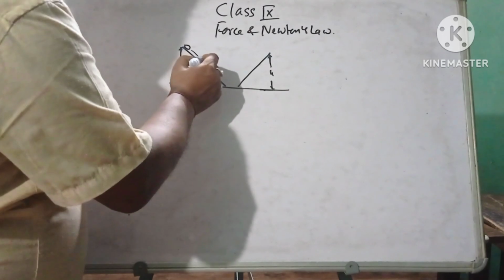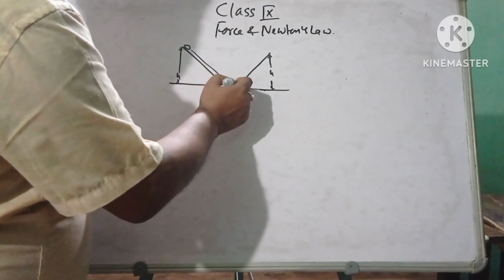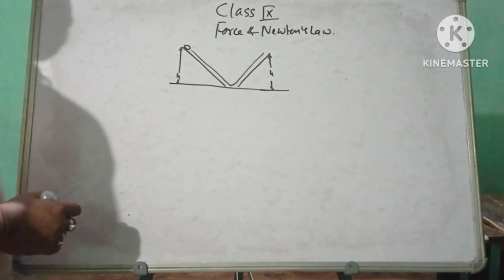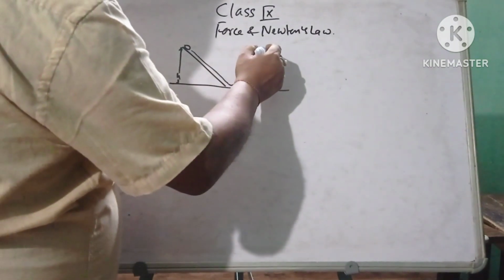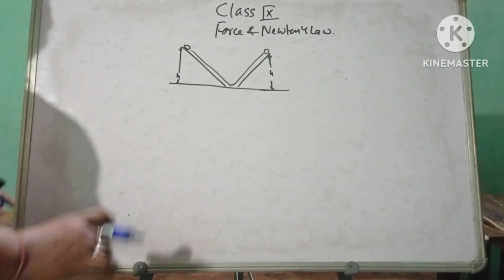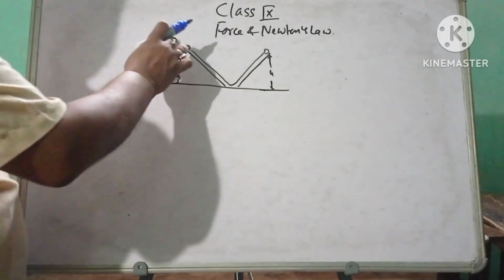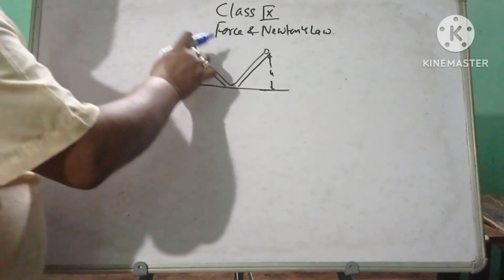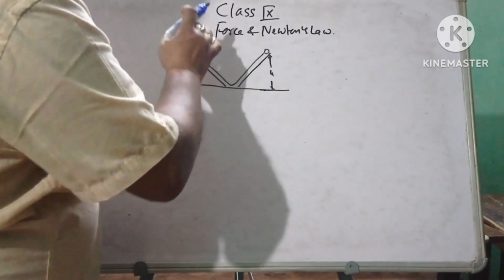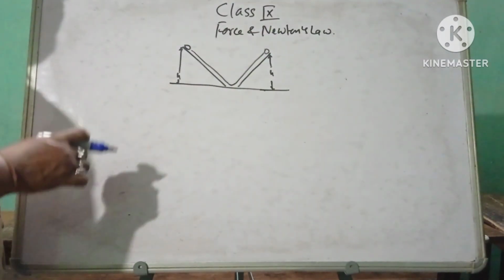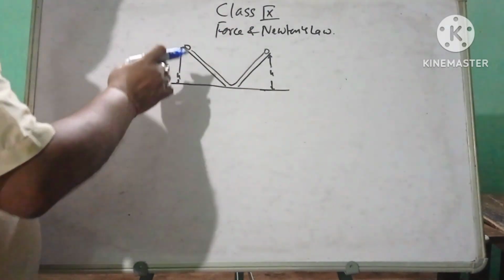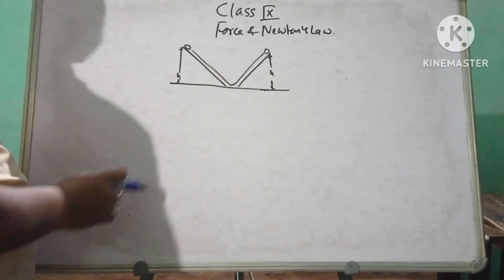The ball moved downward, and again it rose up to the height from where it fell. No force was given to it. So it is the tendency of the ball to move to the height from where it fell.